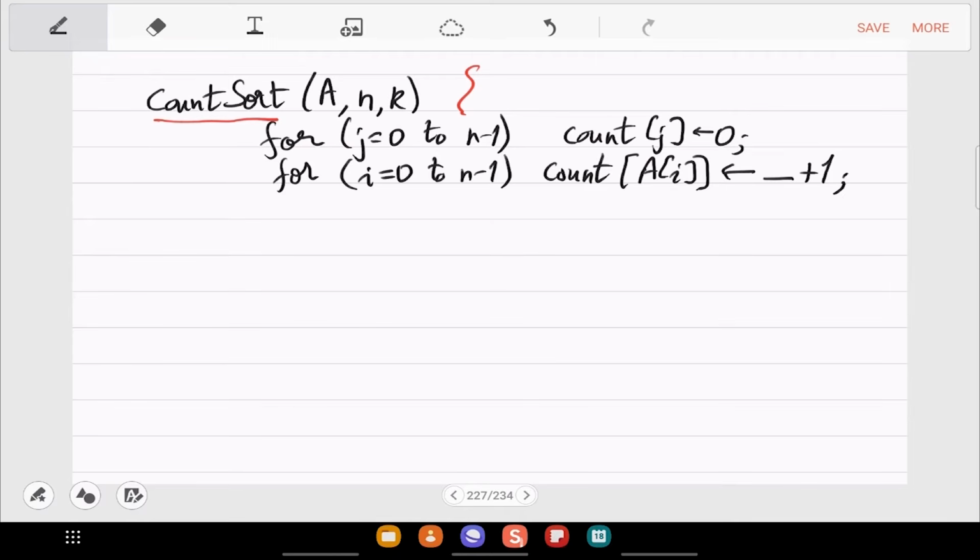Did I make a mistake? Count goes till k, yeah, that's a mistake. So the semantics here is j is for the key, and i we will use for index.